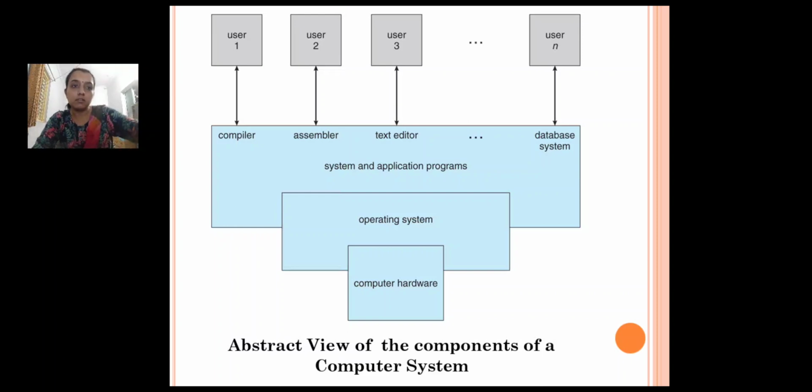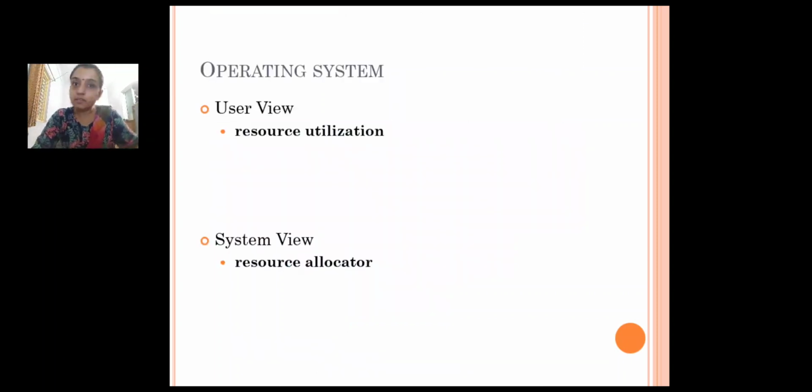Then next, the operating system gives advantages at the user view as resource utilization. There are different resources being used, and the operating system has to utilize those resources such as memory, devices, processes, interrupts.